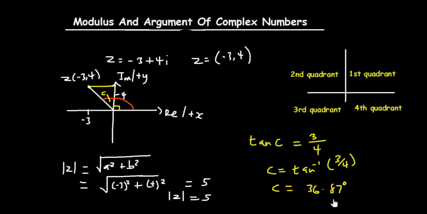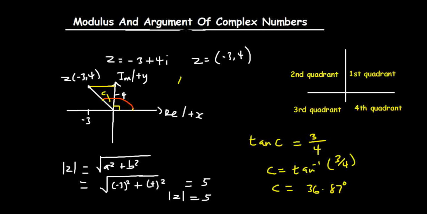Okay, so that's the value of angle C here. We want to measure the angle from this point here to this point here. We already know that this point is 90 degrees, and we know this point is angle C, which is 36.87 degrees. So therefore the total angle will be the sum of these two angles, and that will give us the argument.